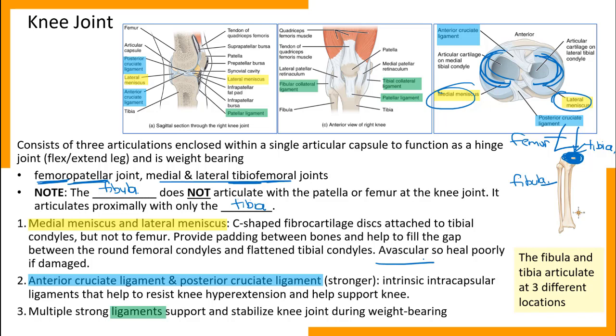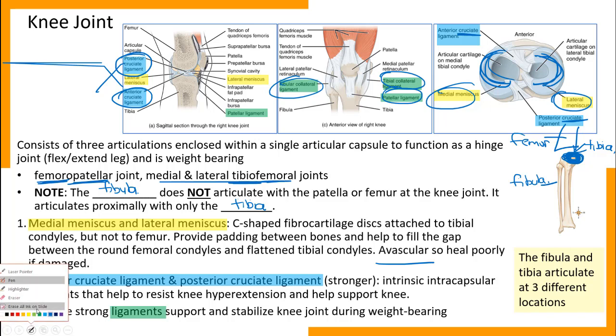In the knee, because it's an ill-fitting joint, we also have a lot of different ligaments. So we've got ligaments in general, which are highlighted in green, and then we've got two specific ligaments that cross each other, and so that's why they're called cruciate, because cruciate refers to cross, right? And so you've got the posterior cruciate ligament, the one in the back, and then the anterior cruciate ligament.